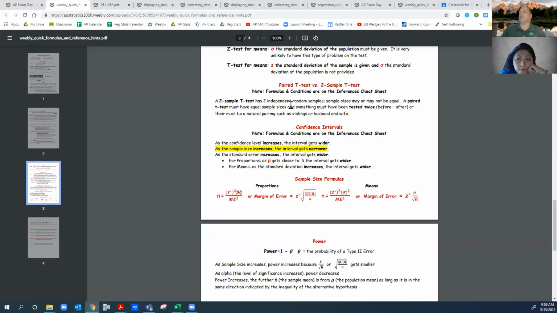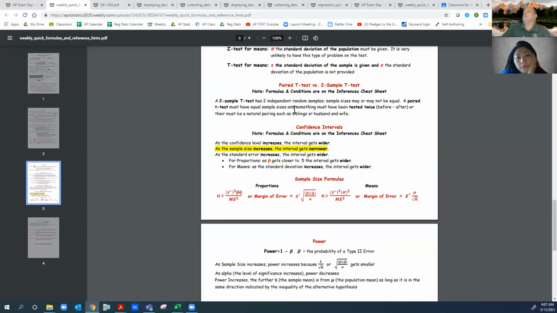They have a before and after, they were tested twice, or it was twins. They can match one-to-one, like comparing one math teacher to another math teacher, one English teacher to another English teacher, and they'll tell you they're matched together if it's not the natural before and after.